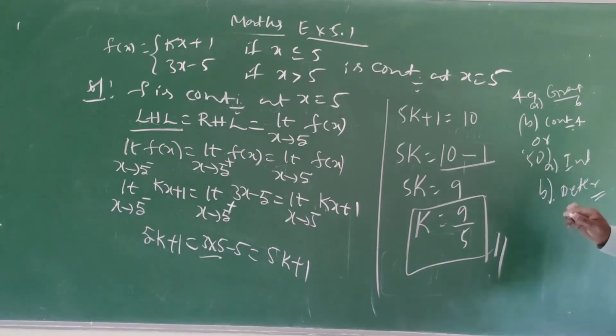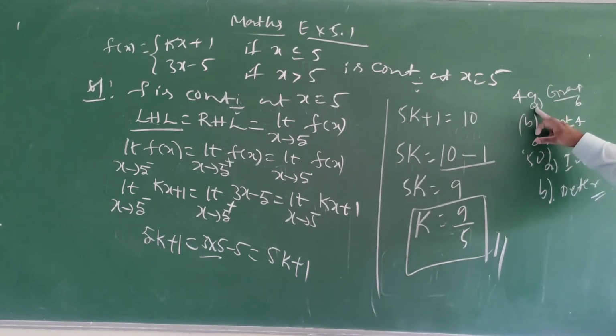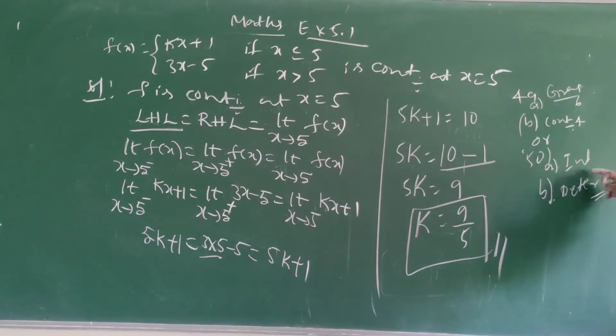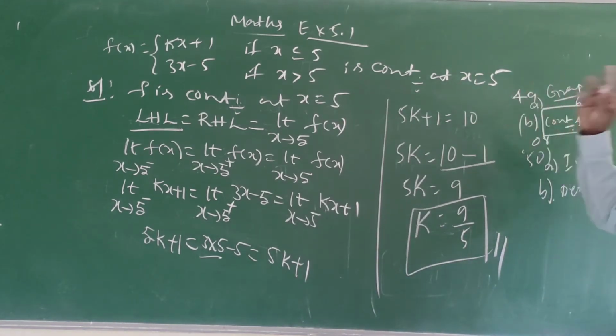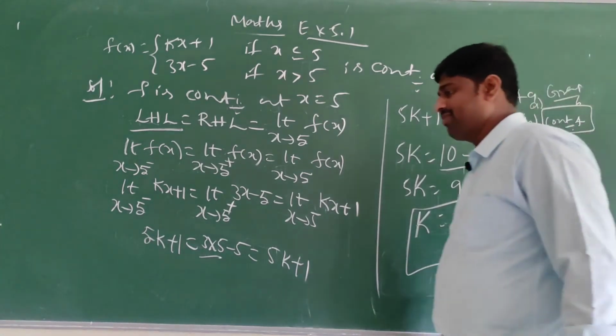Suppose they will give it reverse also: 49 A is integration, 49 B is continuity, 50 A is graph, 50 B is determinants. Okay, this is 10 marks, this is 10 marks. For the 4 mark question in continuity, one question is 100%. We'll move on.